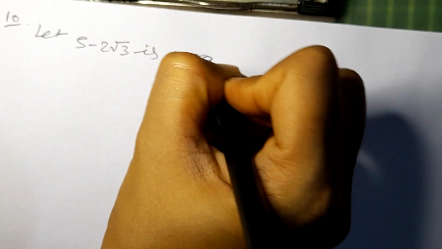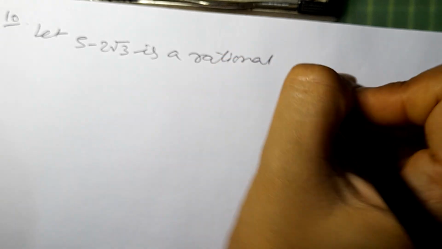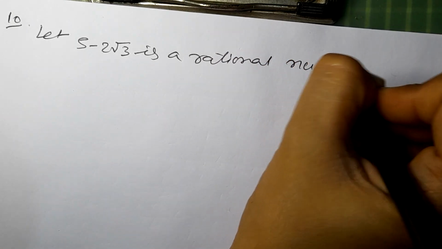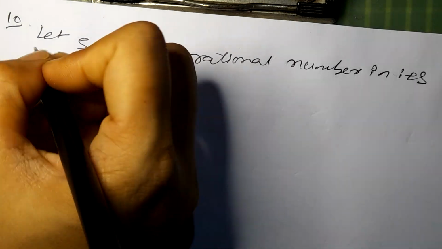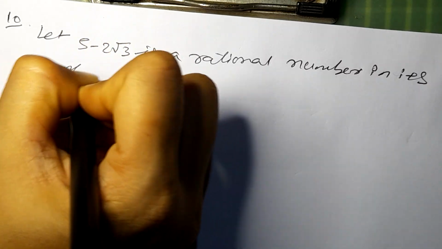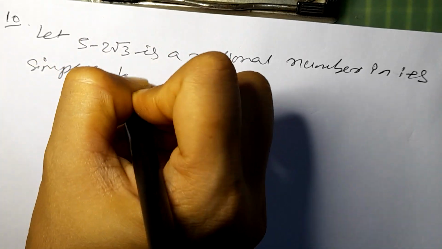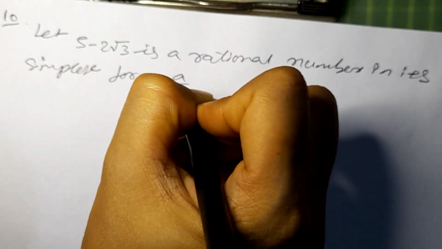Let 5 minus 2 root 3 be a rational number in its simplest form, that is a by b.